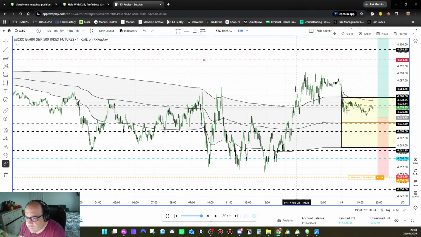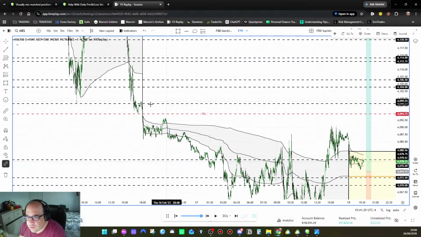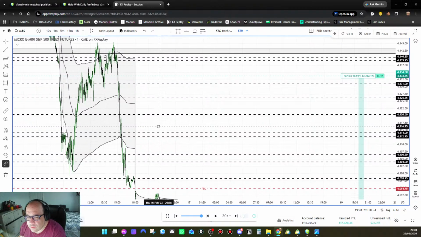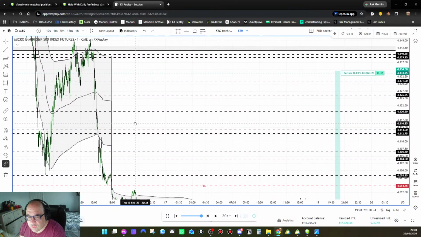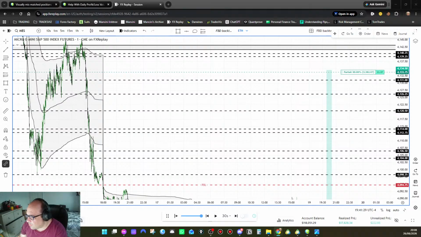Yes, so the original target that we want to reach is, you see this one, the level. So it wants to backtest this level. This is the level that it wants to backtest. And actually, I'm going to delete that one.